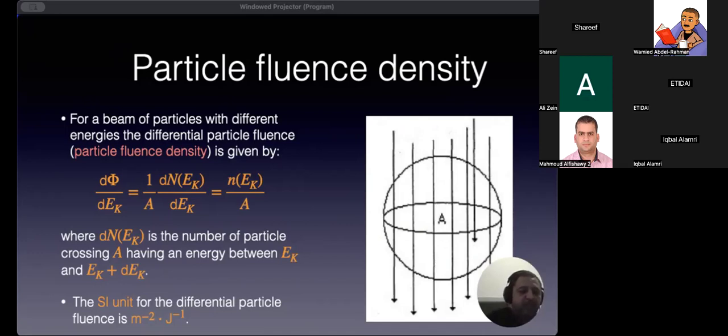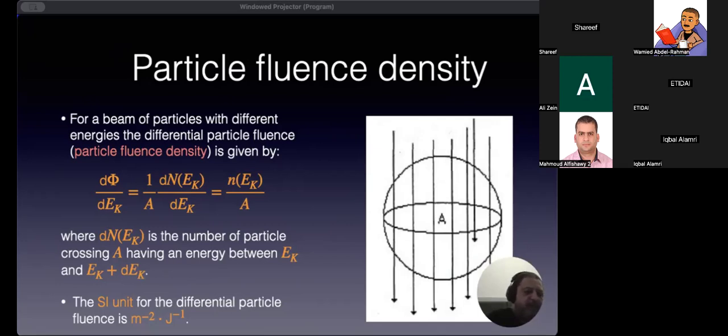And the SI unit for the differential particle fluence is going to be per meter squared per joule. Because we have particles, we have the area, whose SI unit is meter squared, and dE is the energy in joules.